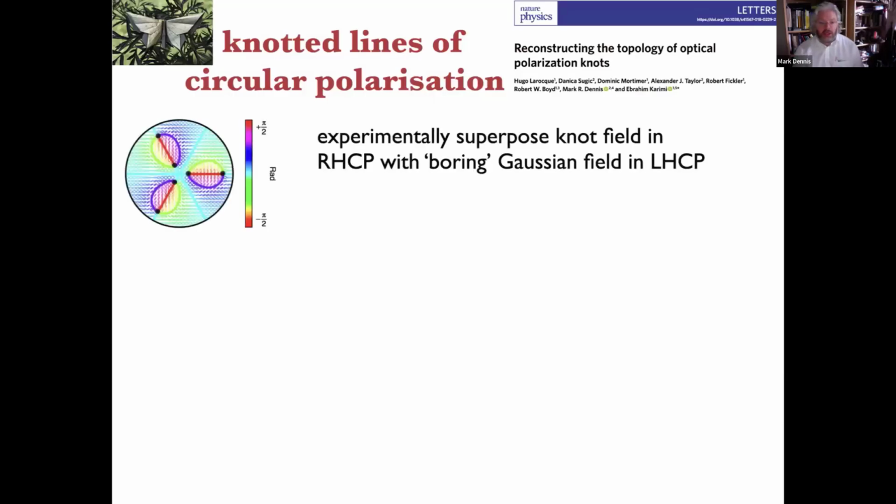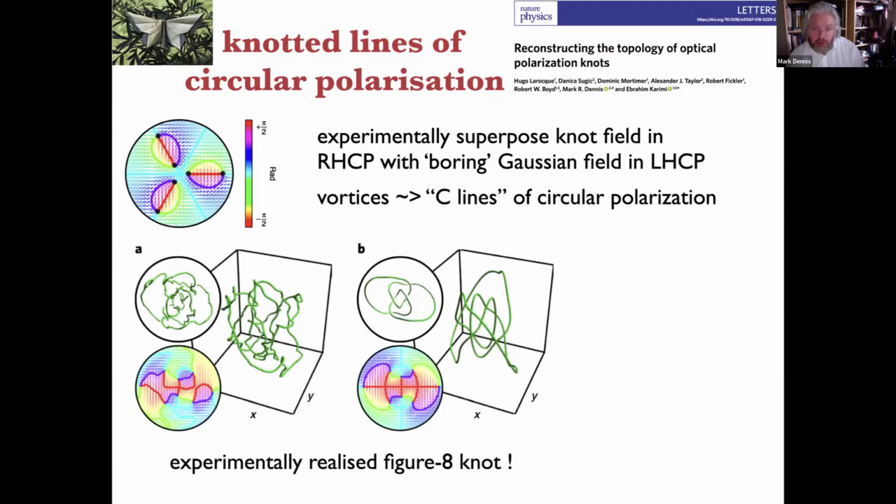If we think about constructed fields, this is one of the sorts of knot fields that I've developed with my group over the years, and this was an experiment done by the group of Abraham Kirmi and Bob Boyd, where we embedded these lines of circular polarization as a knot propagating in 3D.